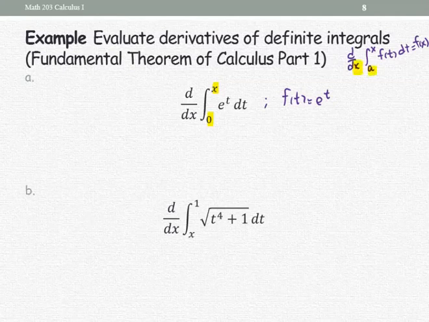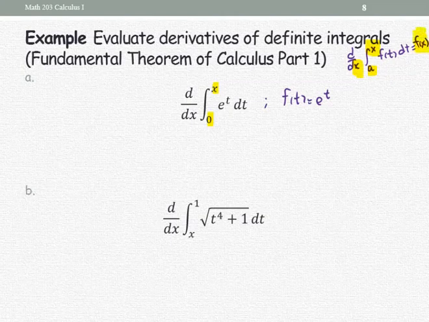The d by dx, or the independent variable, has to be the same as the upper limit. Then we use this x notation to replace the t for the integrand function to become f of x. So the x will be placed into the position of the t.